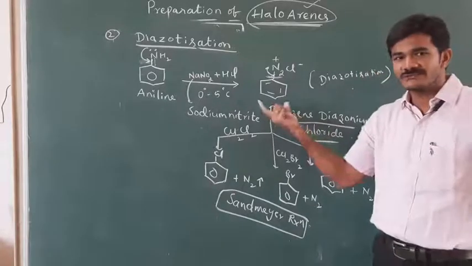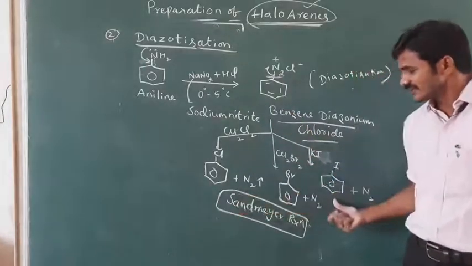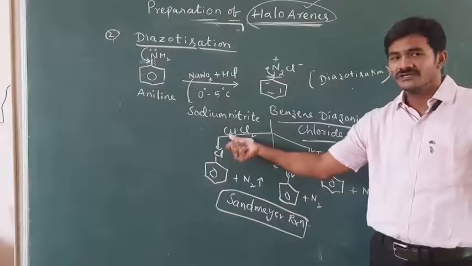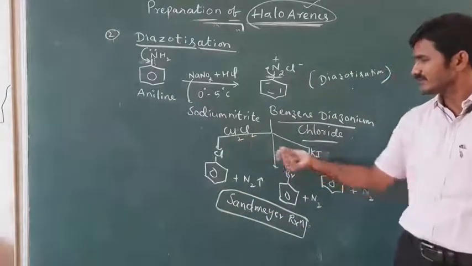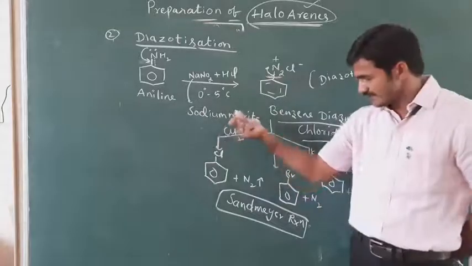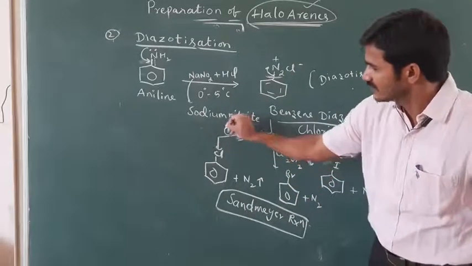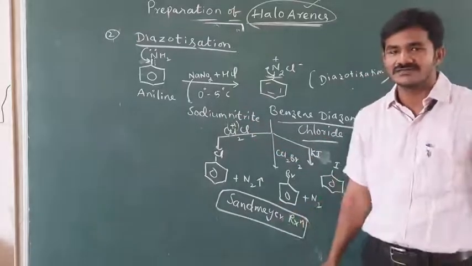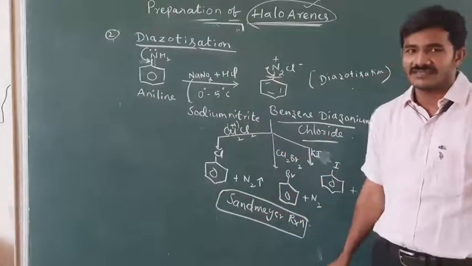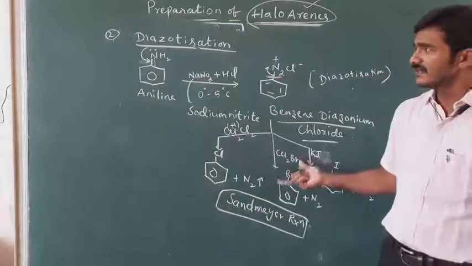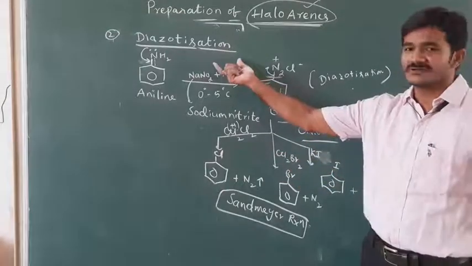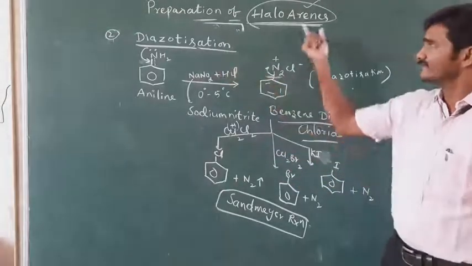The conversion of diazonium salts into halo rings using copper salts, where the copper is in the +1 oxidation state, is the Sandmeyer reaction. This is another method, the diazotization process, from which we can prepare the halo rings.